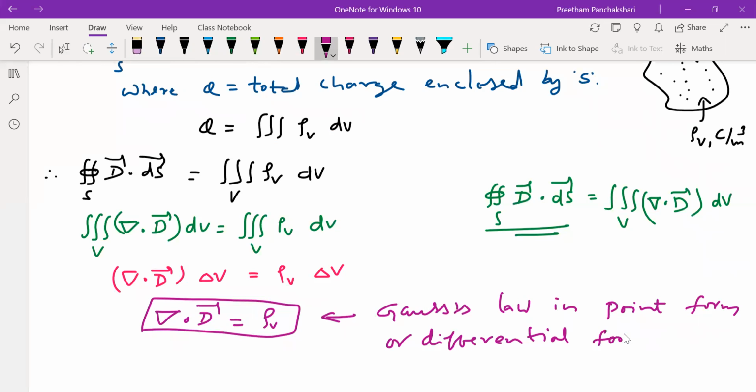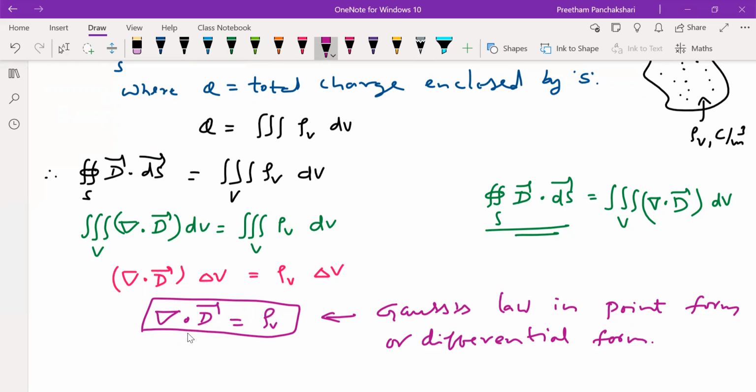That means this relation is applicable to any point or any smaller volume or any volume enclosed by a small closed surface. That's why it's called differential form or point form.